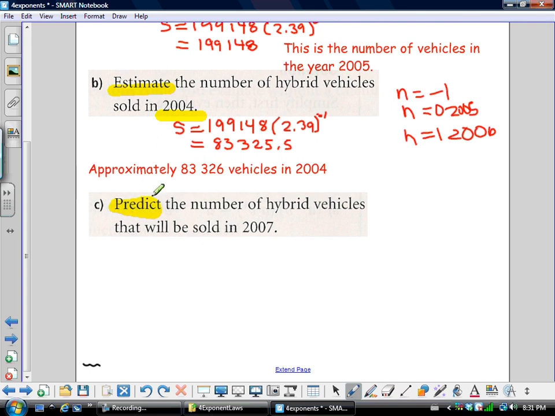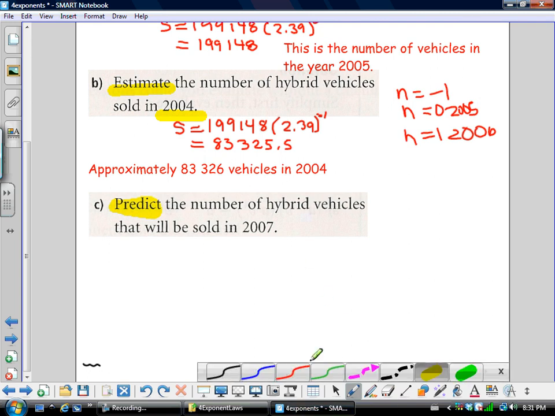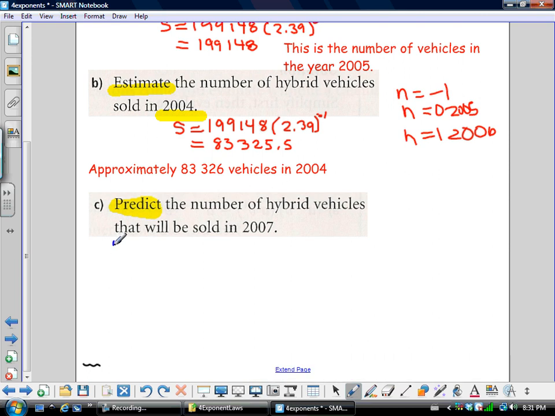So estimate and predict in both these cases means I still use the formula. The reason they use these softer words has to do with the fact that we're assuming the equation will hold true. Now, if I'm looking at the year 2007 and my formula was created for the year 2005, the first thing I have to calculate is my n.